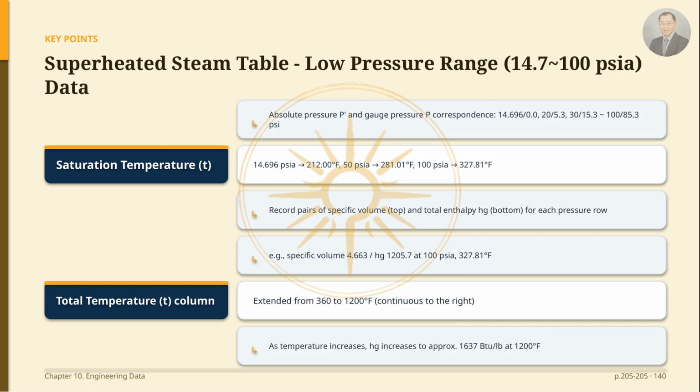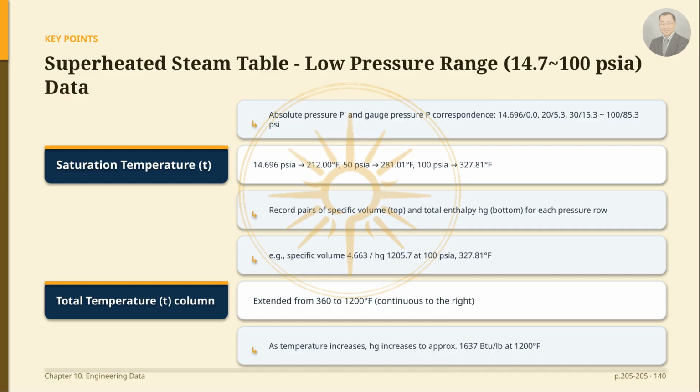First, pressure is presented in 2 forms: absolute pressure, P, and gauge pressure, P. For example, 14.696 Ia is 0.0 gauge, which is atmospheric pressure, and the saturation temperature at this point is 212 degrees Fahrenheit. At 50 Ia, the gauge pressure is 35.3 and the saturation temperature is 281.01 degrees.